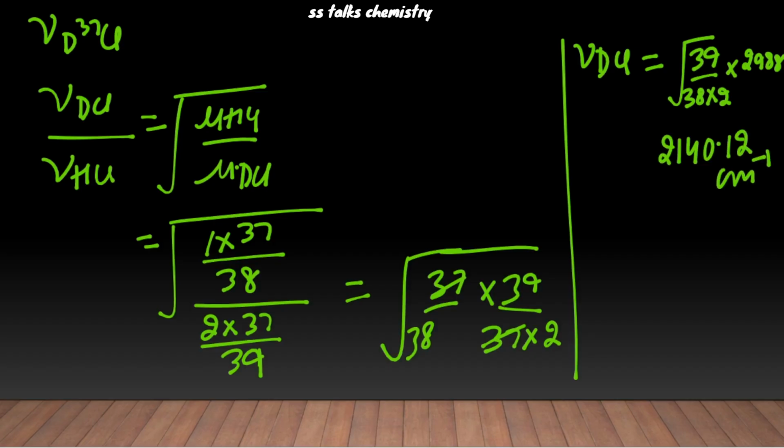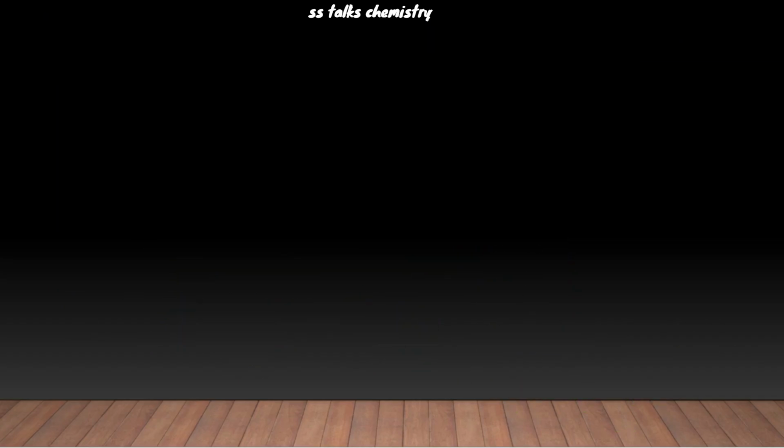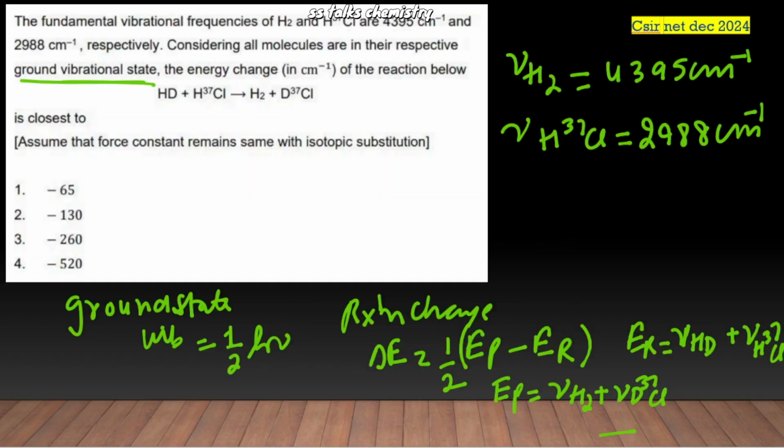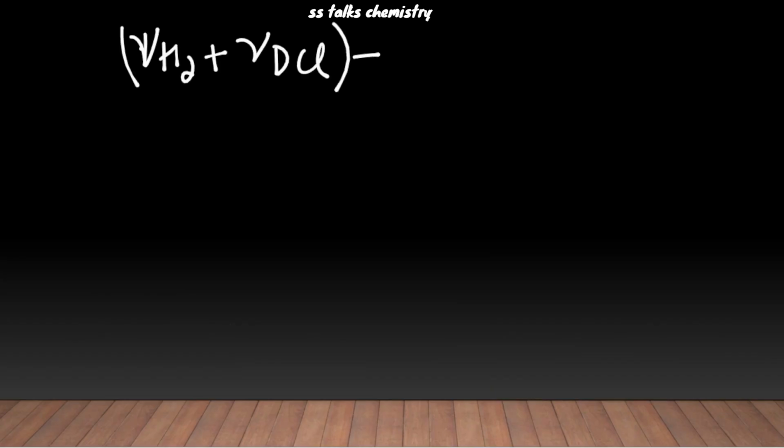Now we have the stretching frequencies for all of these species, so substitute this in the energy expression and get the change in energy. For the products it is H2 and DCl: nu for the H2 plus nu for the DCl minus nu for the HD plus nu for the HCl.